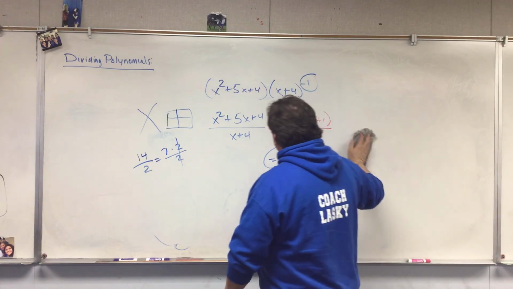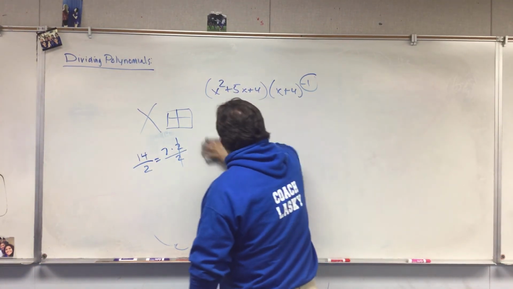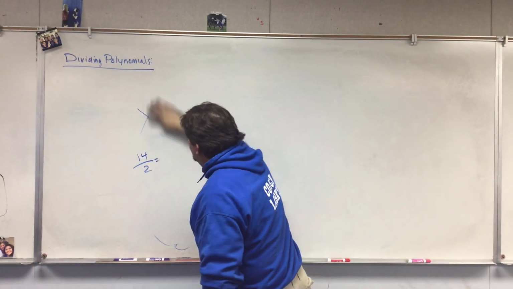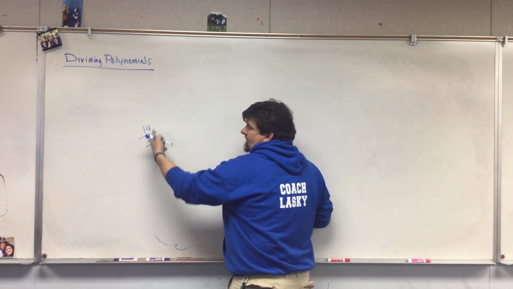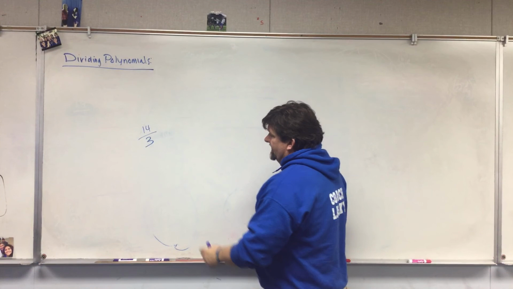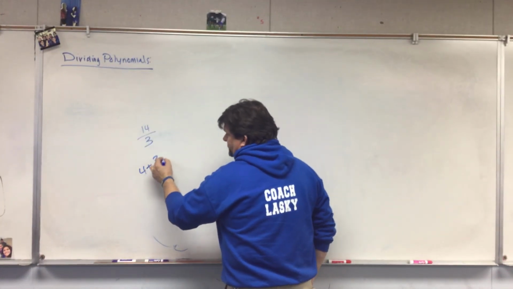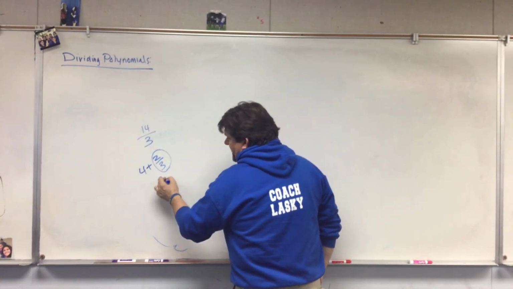Now, sometimes, how do we deal with the idea that there may be a remainder, like 14 divided by 3? Remember, that one doesn't go in evenly, and we ended up with 4 plus 2/3 because this was my remainder.